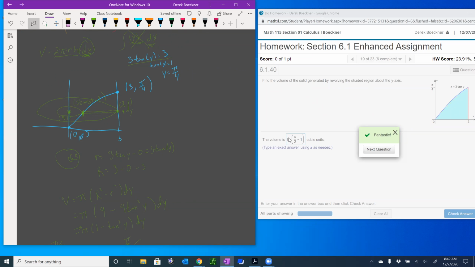Being able to draw these pictures of what you're actually integrating and which variable you're integrating, and having in your mind or in the picture where these representative rectangles or representative strips are is important. So definitely practice this. And we'll get more practice in 6.2 as well. I think I've got time for one more.